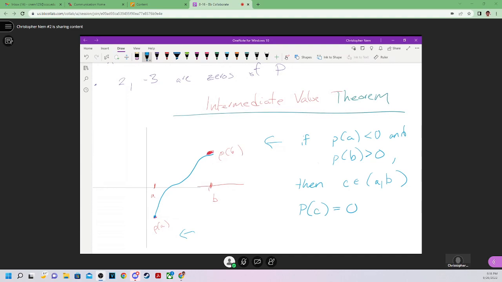Somewhere in there, I'm going to touch this x-intercept at the value C. And remember, P of something equals 0 means my output is 0, which means it's an x-intercept. This means C is an x-intercept.